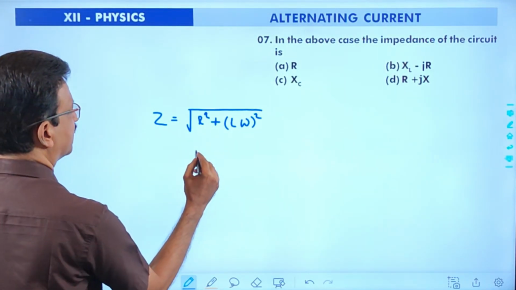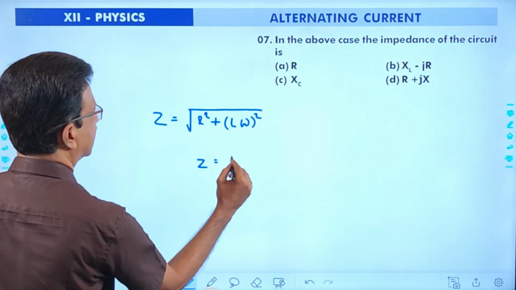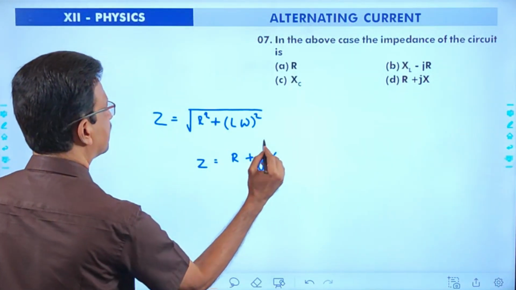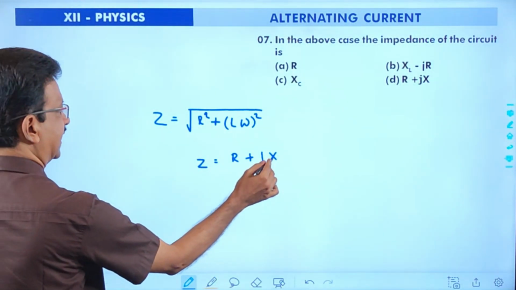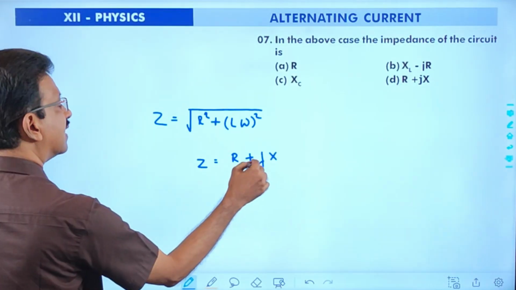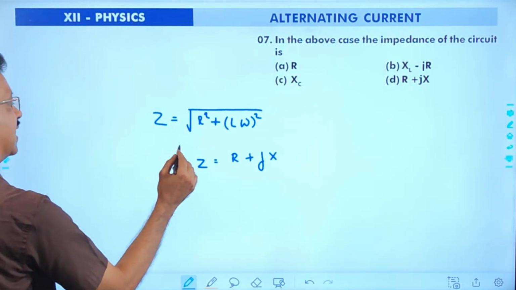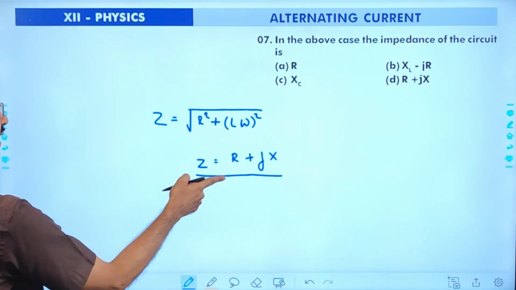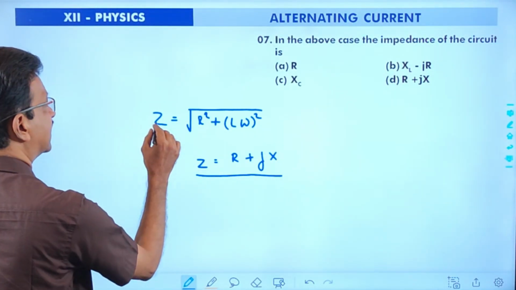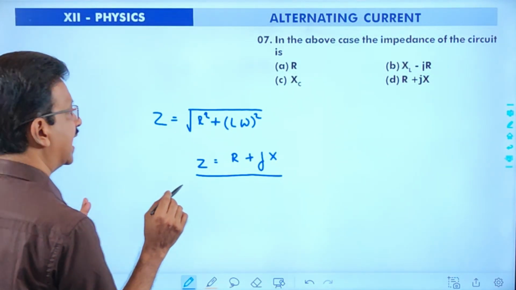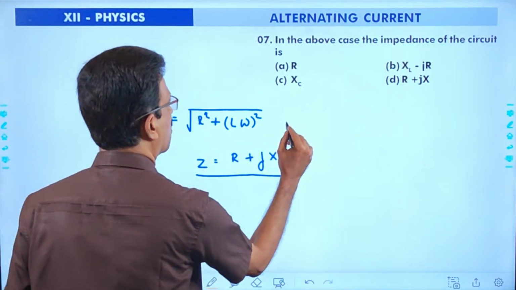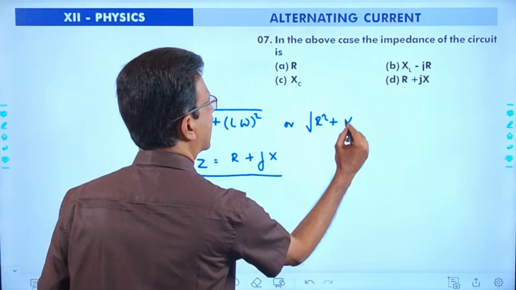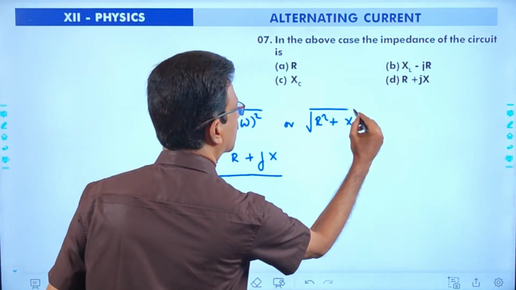In the complex form, this can be represented as Z equal to R plus jX, where X is the reactive part (imaginary part) and R is the resistance (real part). Generally we can write Z equal to root of R squared plus (L omega) whole squared, or Z equal to root of R squared plus XL squared.